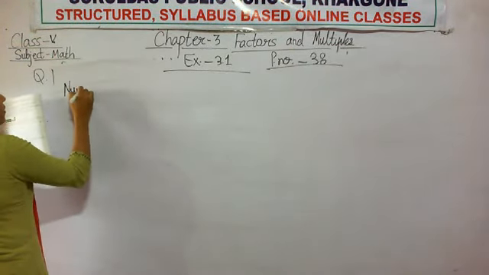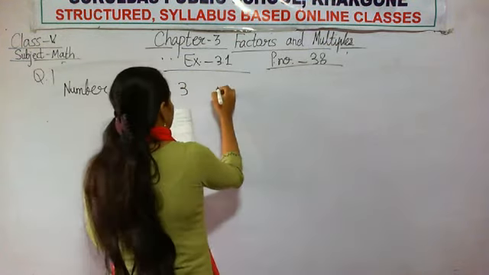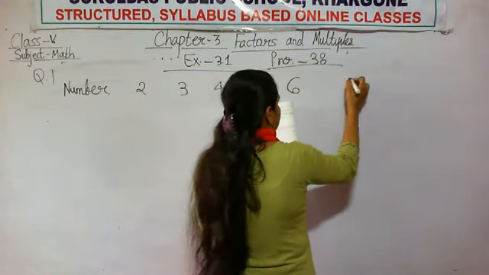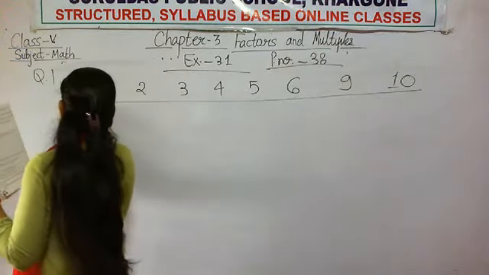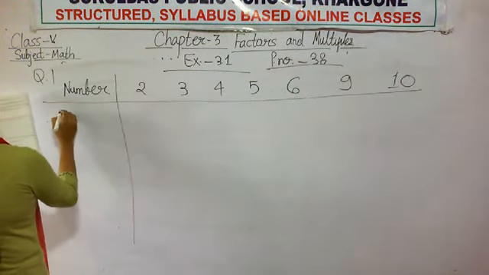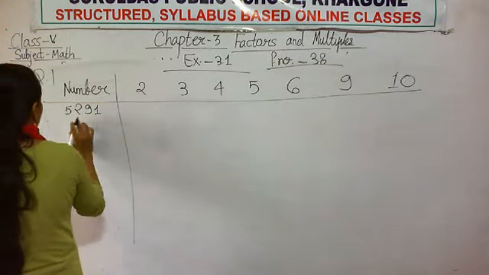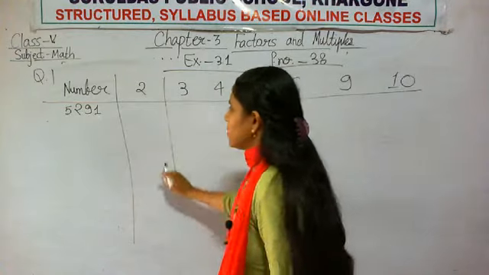So here is your number, here 2, here 3, the divisibility by 4, divisibility by 5, divisibility by 6, divisibility by 9 and divisibility by 10. Okay, your first number is 5291. Check the divisibility by 2.